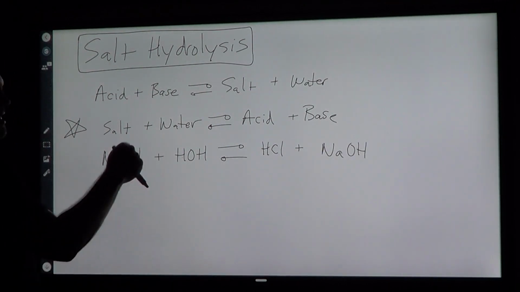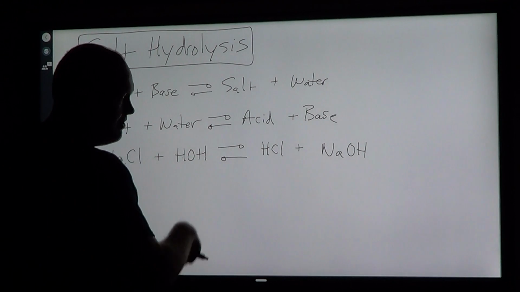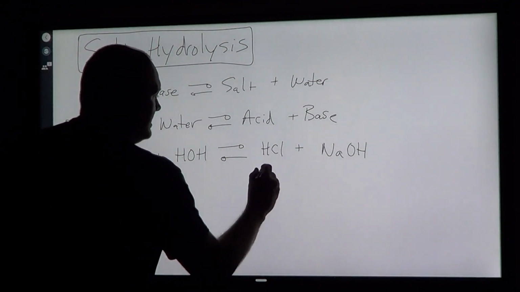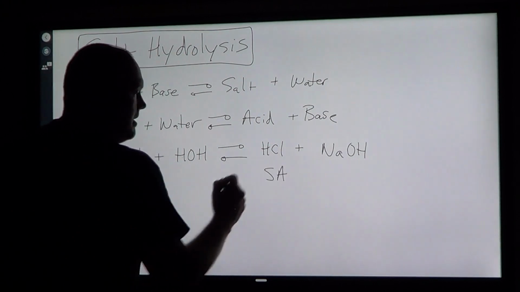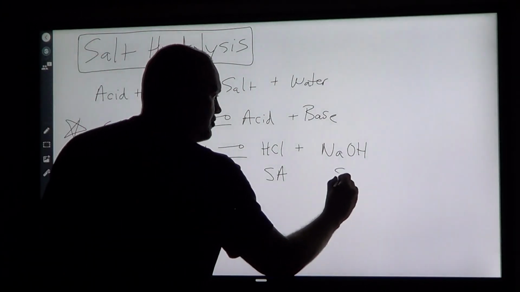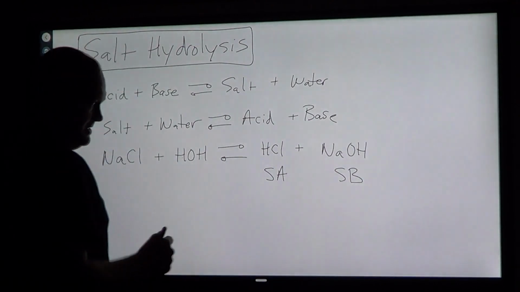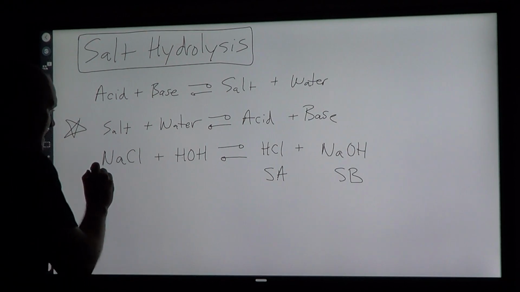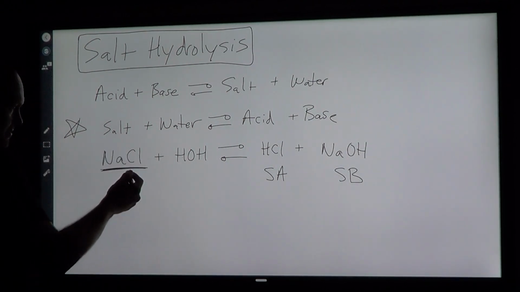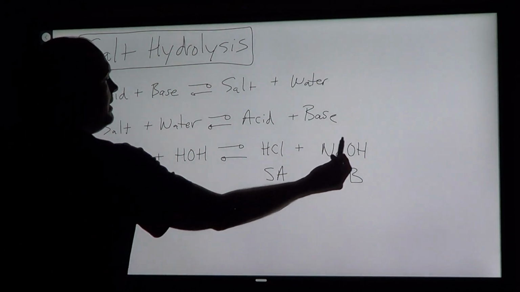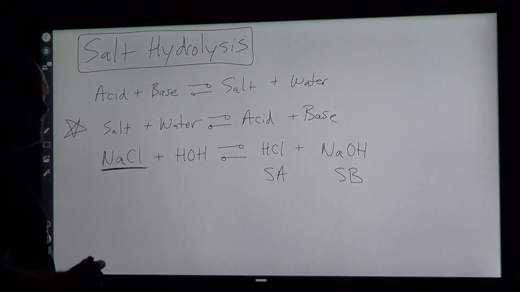Okay? And now this ties us back into the thing we learned on the very first video from this chapter. Hydrochloric acid is a strong acid. Sodium hydroxide is a strong base. So what that means is that sodium chloride is a salt composed from a strong acid and a strong base.